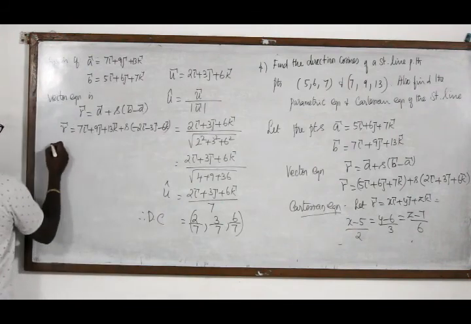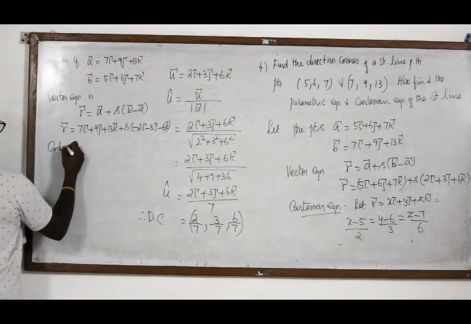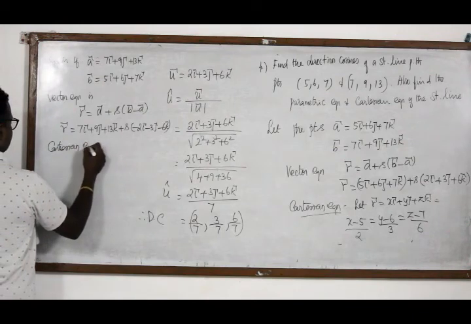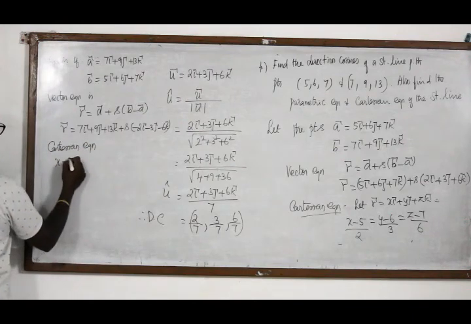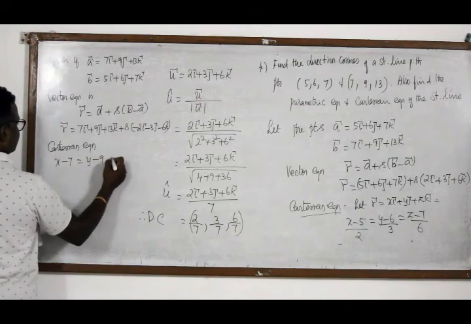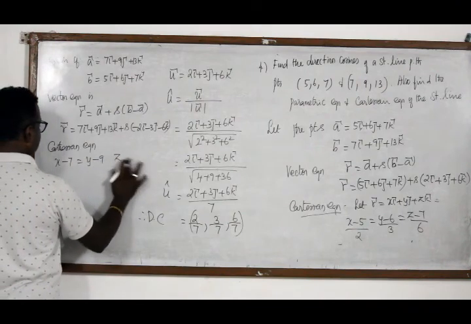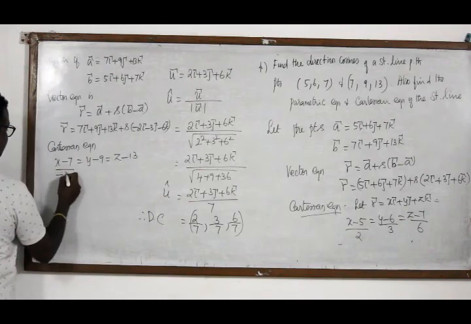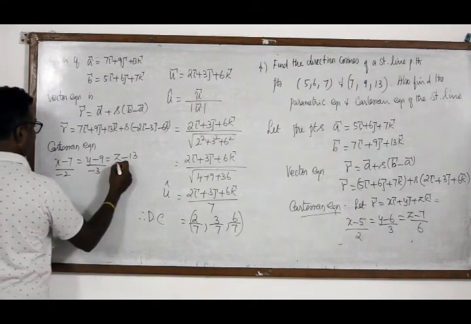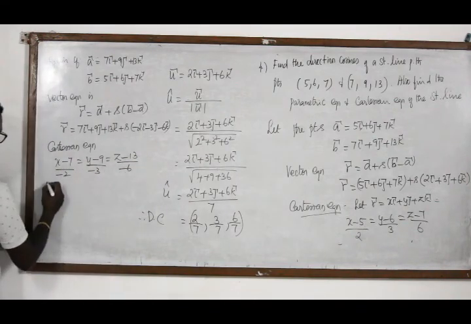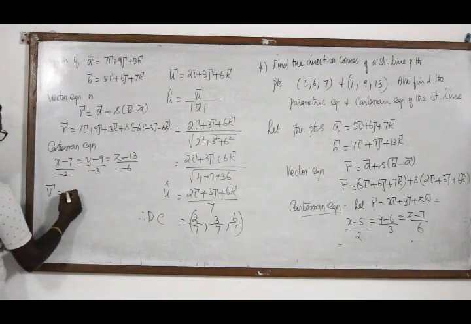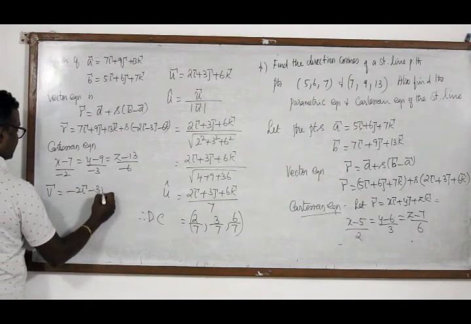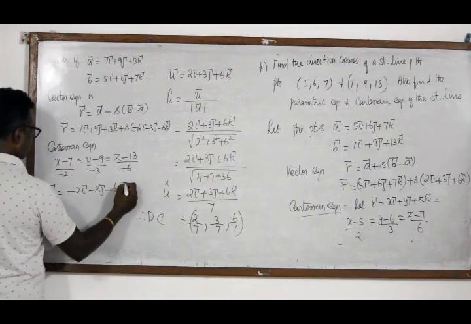Then in this case, Cartesian equation is (x minus 7), (y minus 9), (z minus 13) by minus 2, by minus 3, by minus 6. Then here the vector I shall take as minus 2i, minus 3j, minus 6k.